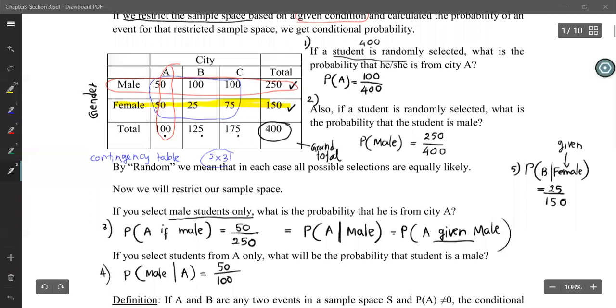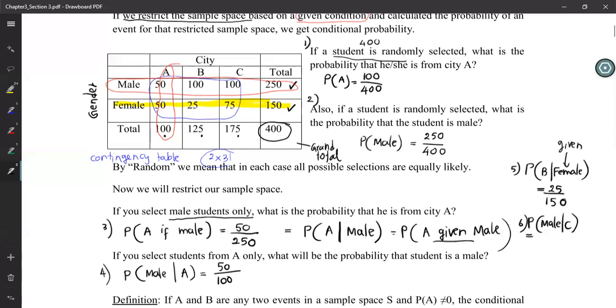Okay, try this one. Probability of male given C. Yes, what is the answer?